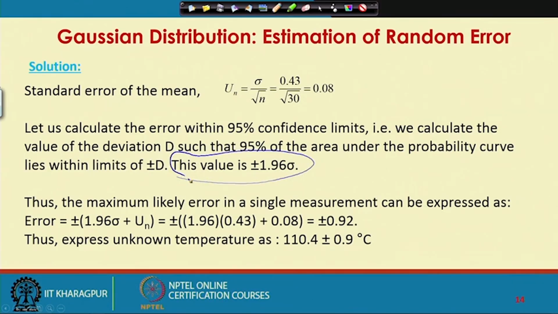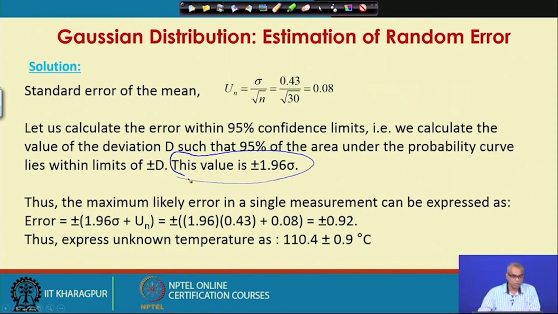So, the maximum likely error in a single measurement can now be expressed as error equal to plus minus 1.96 sigma plus the standard error, which is standard deviation by square root of n.